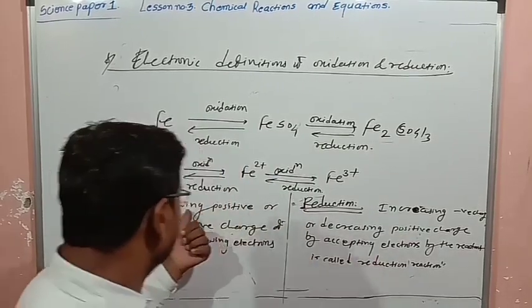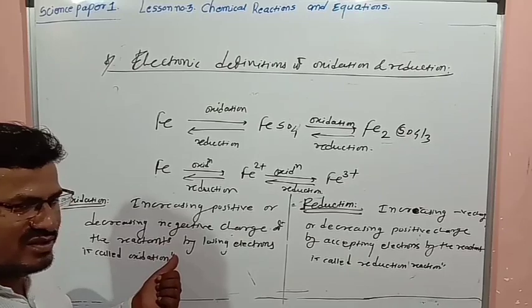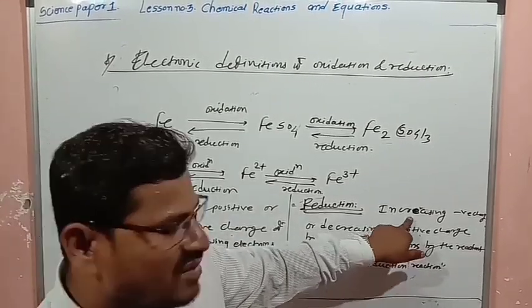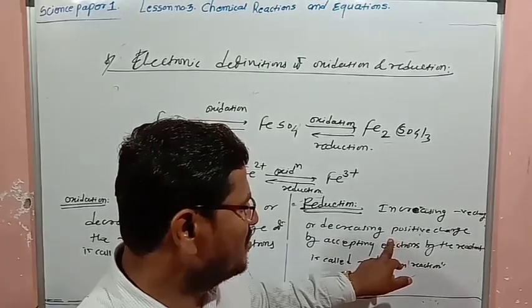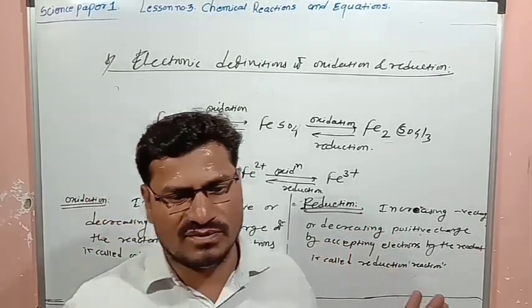So here it is the opposite. Increasing positive charge and decreasing negative charge by losing electrons is called oxidation. Increasing negative charge and decreasing positive charge by accepting electrons is called reduction.